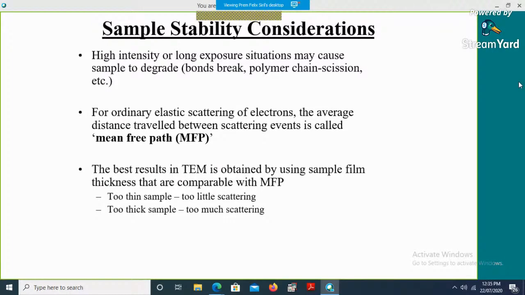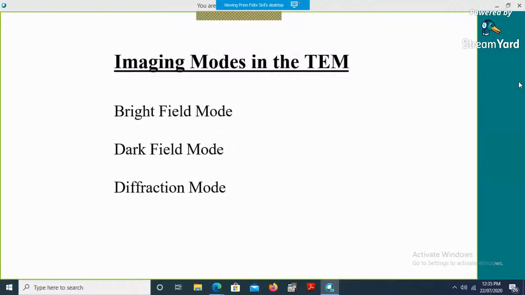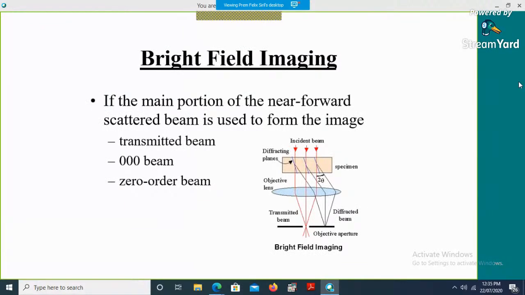In TEM, there are a few different imaging modes. One is the bright field mode, another is the dark field mode, and then the diffraction mode. What is the difference? It depends on what information is used for constructing the image. Typically, bright field imaging is what is done.